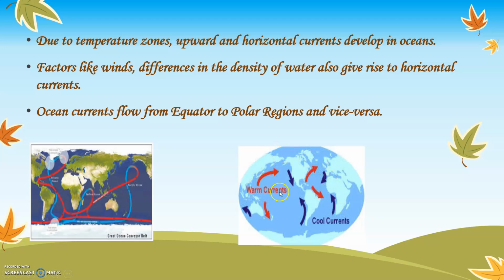These are called warm currents and cool currents. All the ocean currents that move from the equator to polar regions are called warm currents, and all the ocean currents that move from polar regions to the equator are called cool or cold currents.